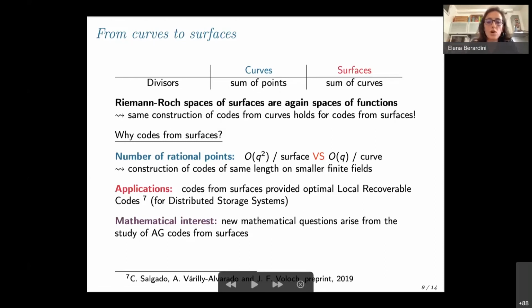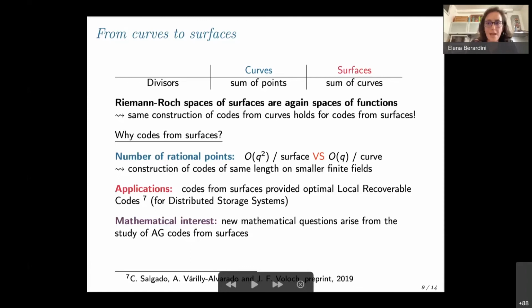Then these codes turn out also to be interesting in some cases. For instance, they provide optimal locally recoverable codes, and they are also of some mathematical interest.